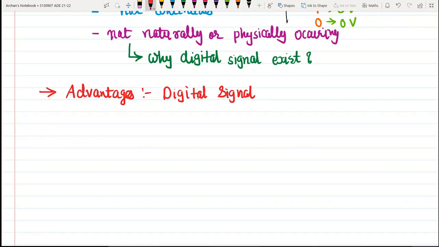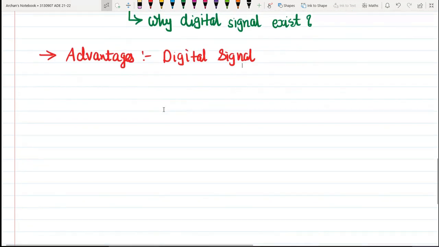That doesn't mean that analog signals are disadvantages. Analog signals will also have some advantages, and we are going to see those too. So first look at the advantages of digital signals, and then we will move on to the advantages of analog signals. The first advantage of digital signals is that they are very easy to process.